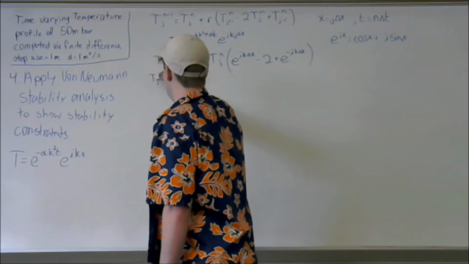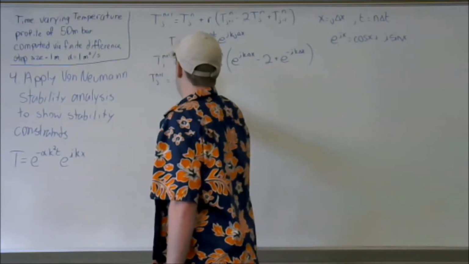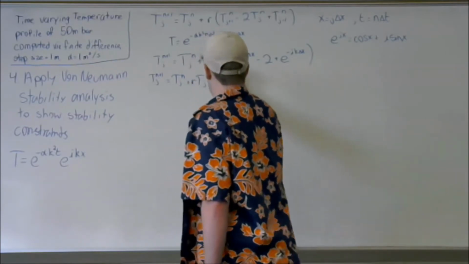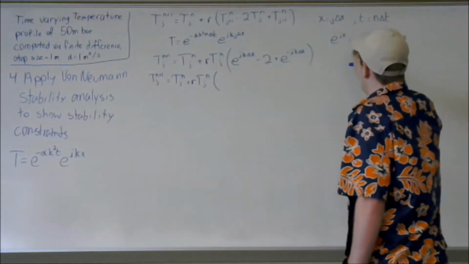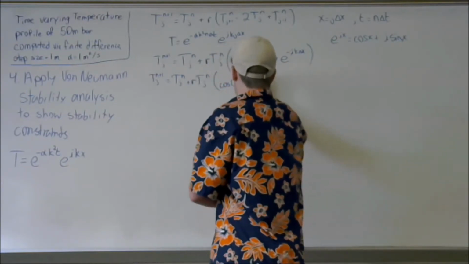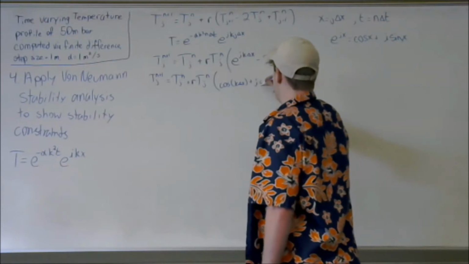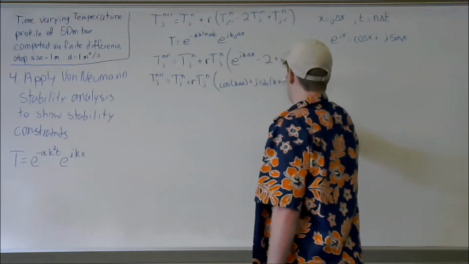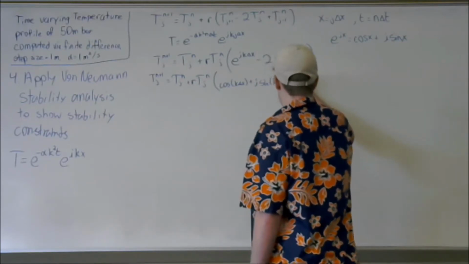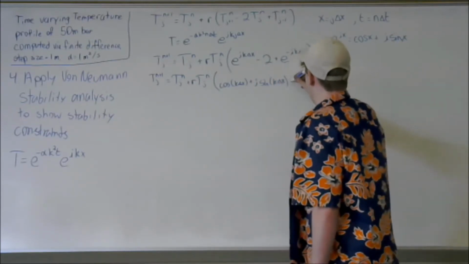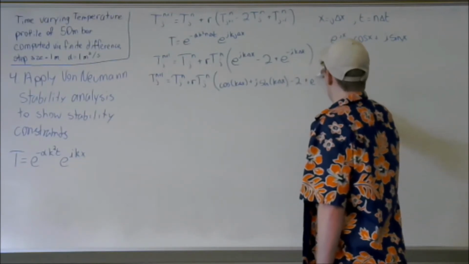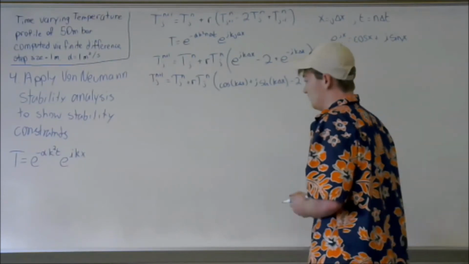So T_j^(n+1) is going to equal T_j^n plus r times T_j^n, what does that leave us in the inside? Well, we have a cosine of k delta x plus i sine of k delta x, minus 2 plus... oh, my bad.